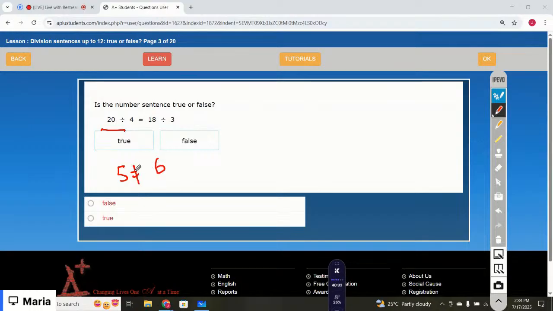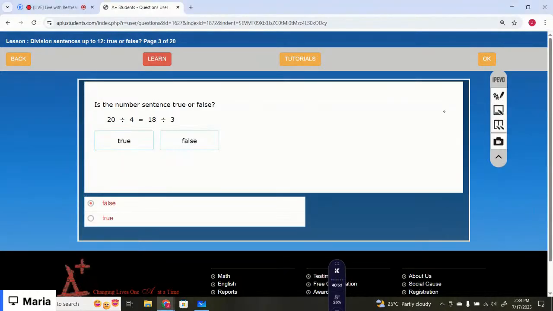So both sides are not equal, right? So that means false it is. The correct option is false it is. Option number 1 is the correct option.